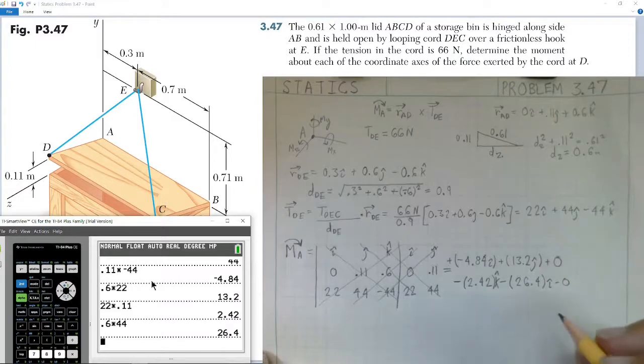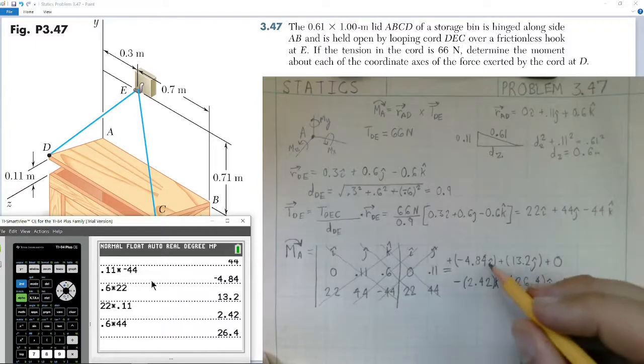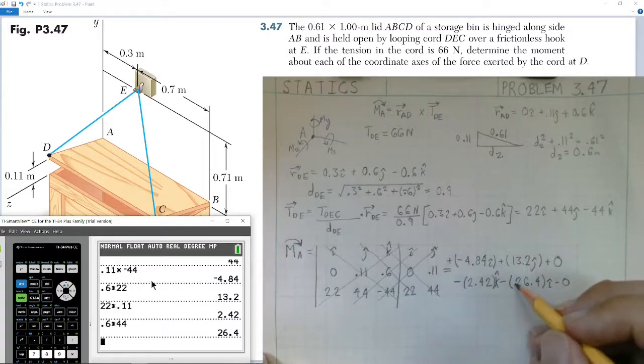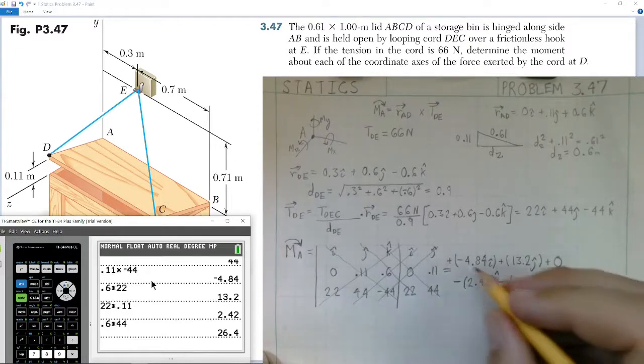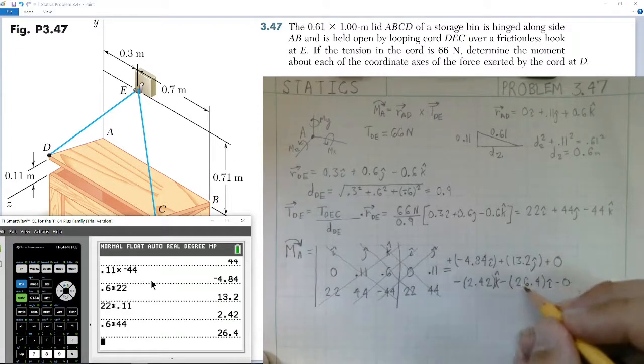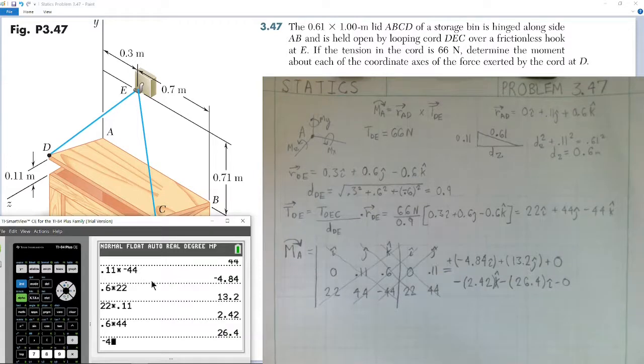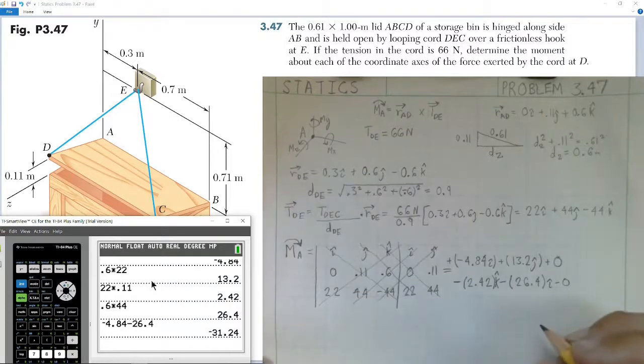So we have two i hat components. We need to combine these two i hat components. So we'd have negative 4.84 minus 26.4, which gives us a value of negative 31.24 in the i hat. Good.